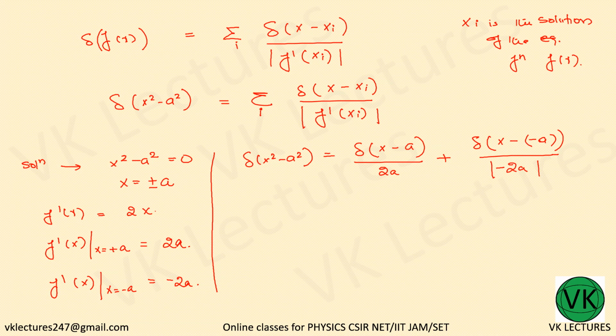So that's equal to delta of x minus a by 2a plus delta of x plus a by 2a. So this is the function delta of f of x, if it is x squared minus a squared.